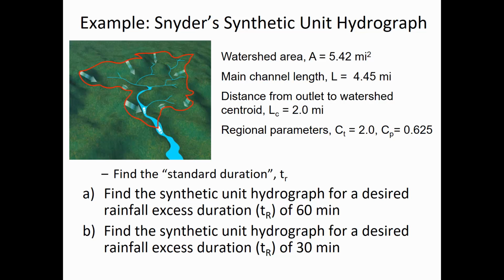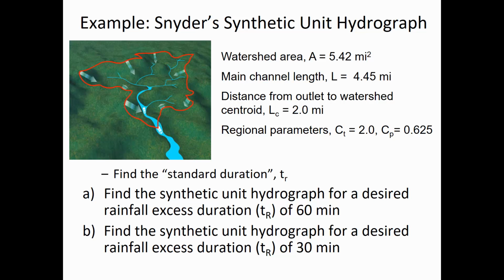If we substitute in the regional parameters that are given, C1 is a unit factor where if we are working in traditional units, it's 1.0. For SI units, C1 would be 0.75. So C1 is 1.0 for traditional units.